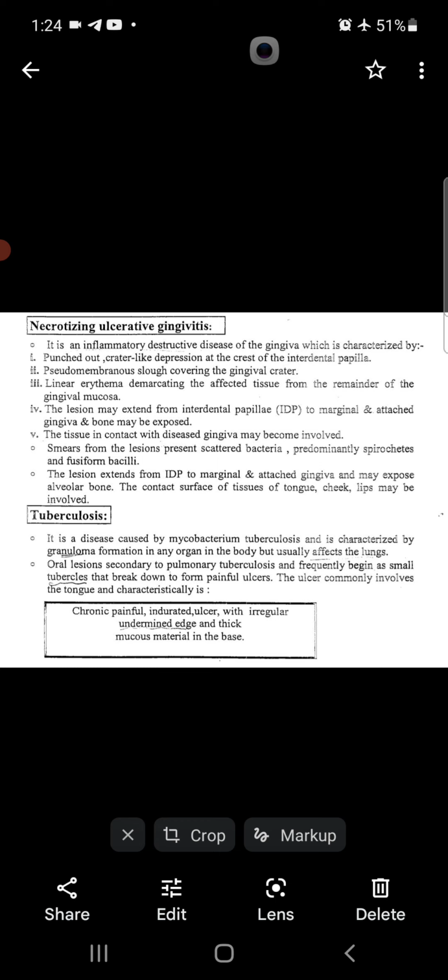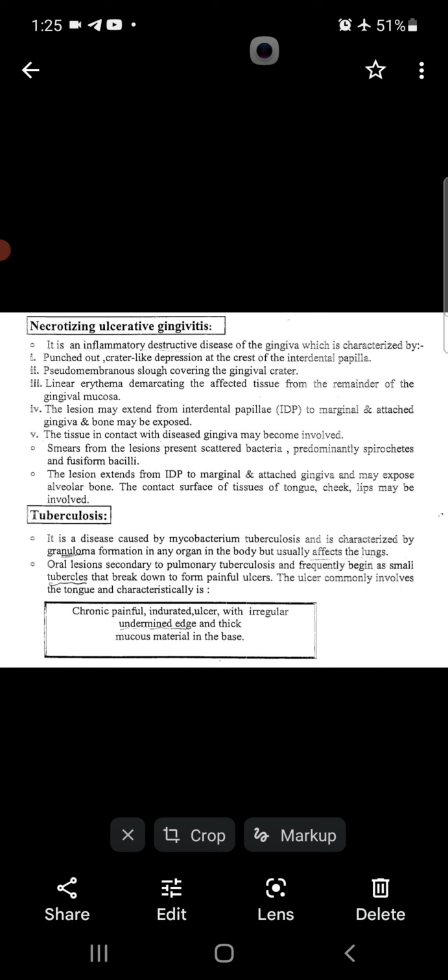Necrotizing ulcerative gingivitis, short form NUG, is also known as ANUG, meaning acute necrotizing ulcerative gingivitis. Why is NUG also known as ANUG? Because necrotizing ulcerative gingivitis is not present in chronic form. It is only present in acute form. Therefore, NUG is known as ANUG.